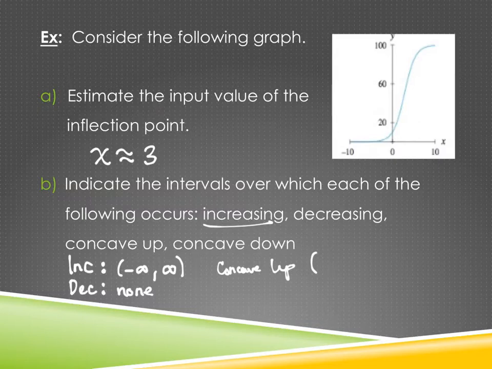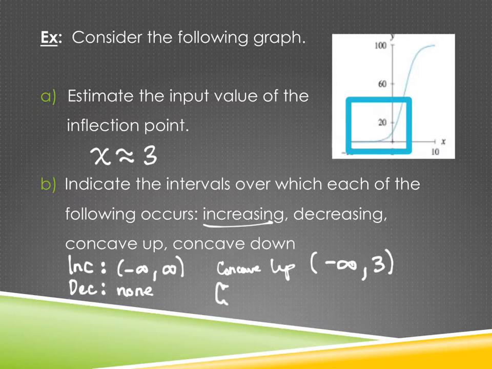Negative infinity to 3. So, or whatever you chose to put on part A, right? This portion of the graph is where it's concave up. So that would be negative infinity to, and I wrote down 3, so I'll write 3 here. And the last piece said to do concave down.